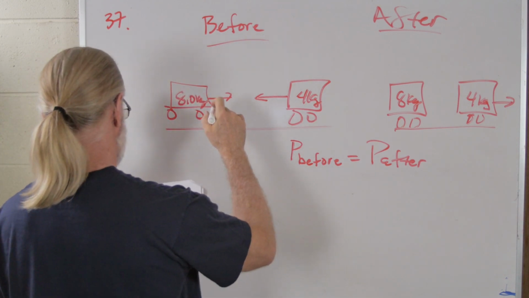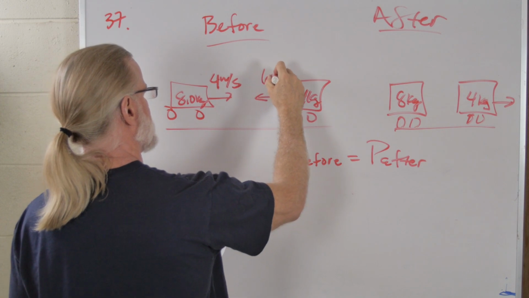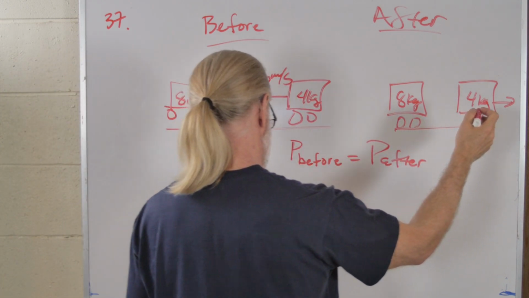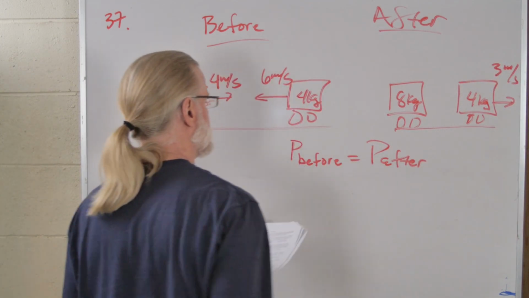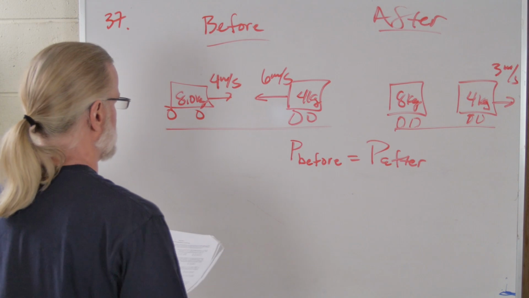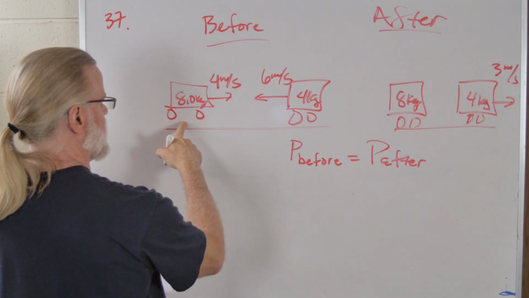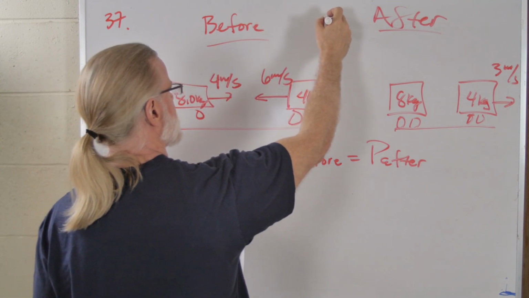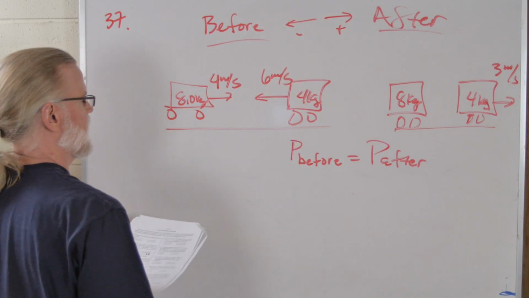So anyways, we had 4 meters per second, 6 meters per second, and here we had 3 meters per second. We're going to have momentum before is the momentum of this thing plus the momentum of that thing. Keep in mind, we're going to say the right is positive and the left is negative.